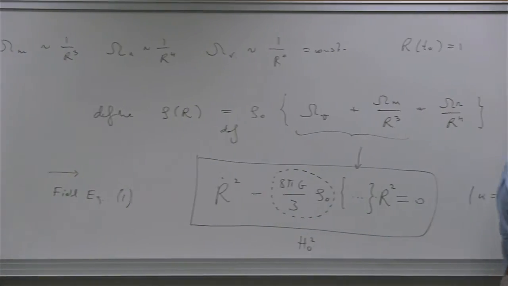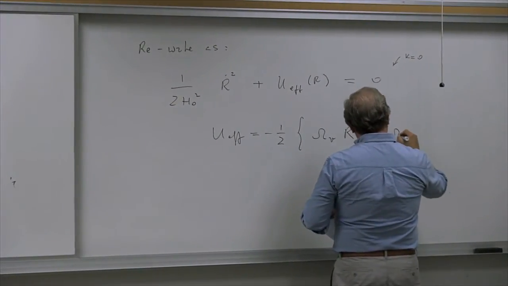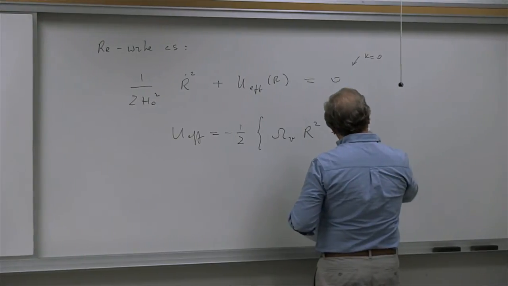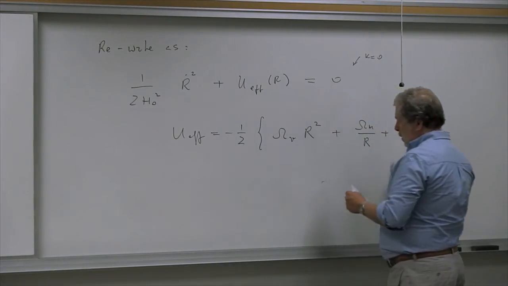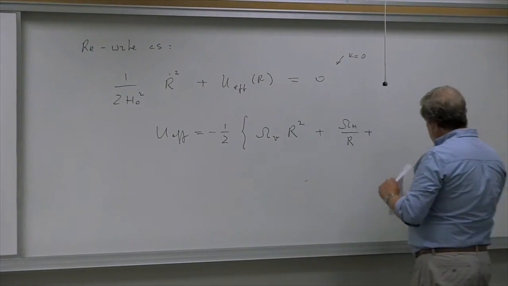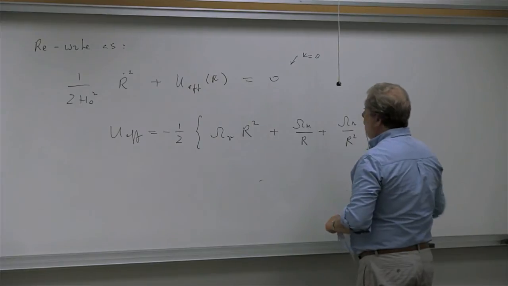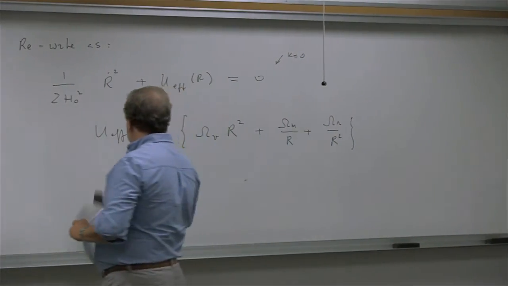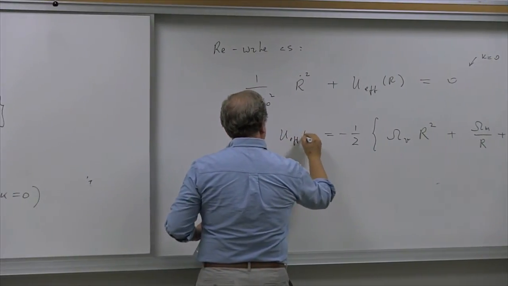So it's omega v times r squared plus omega matter divided by r, and then plus the radiation part, which is omega r divided by r squared, and then close parenthesis. And so this is U effective of r.